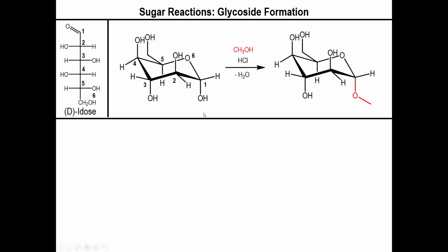We can alkylate exclusively just position one. The reason for that is because out of all the OHs that we have in this molecule, it's only the OH at position one that is actually a hemiacetal group.